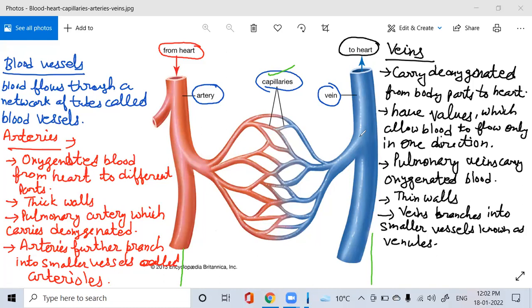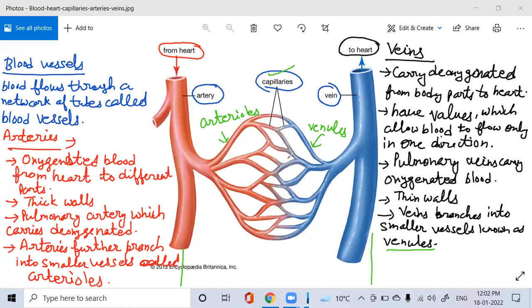You can see this is the vein and these are venules, and these are arterioles, right? So the network formed by venules and arterioles is known as capillaries.